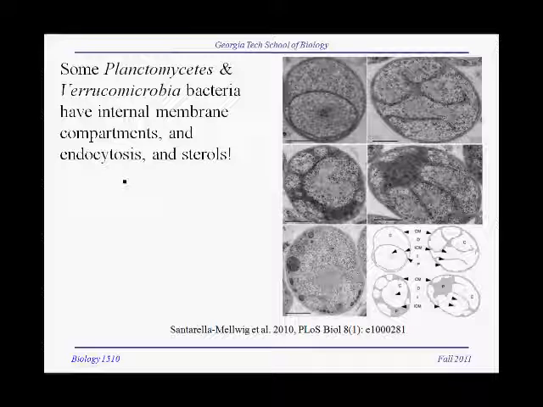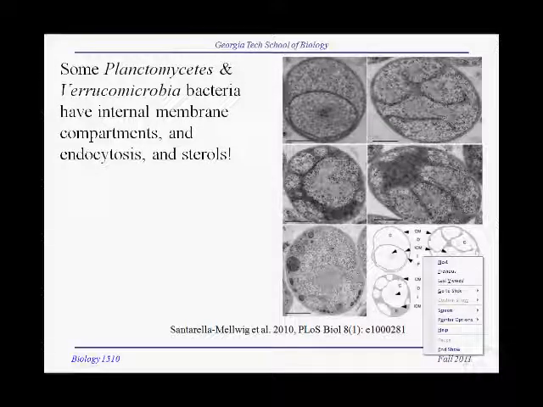There are two groups of bacteria that are related to each other that do have internal membrane compartments. Not only that, but these bacteria also have genes for endocytosis, which is quite rare among bacteria and archaea. And finally, they have genes to make some sterols.